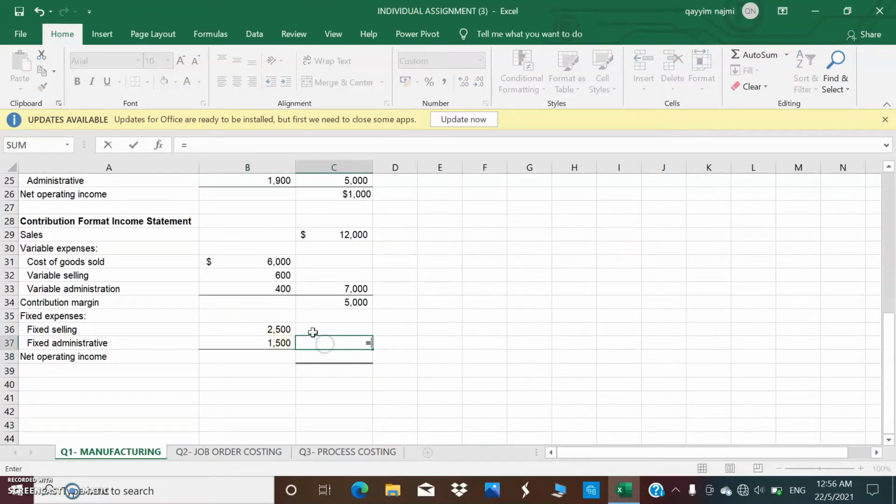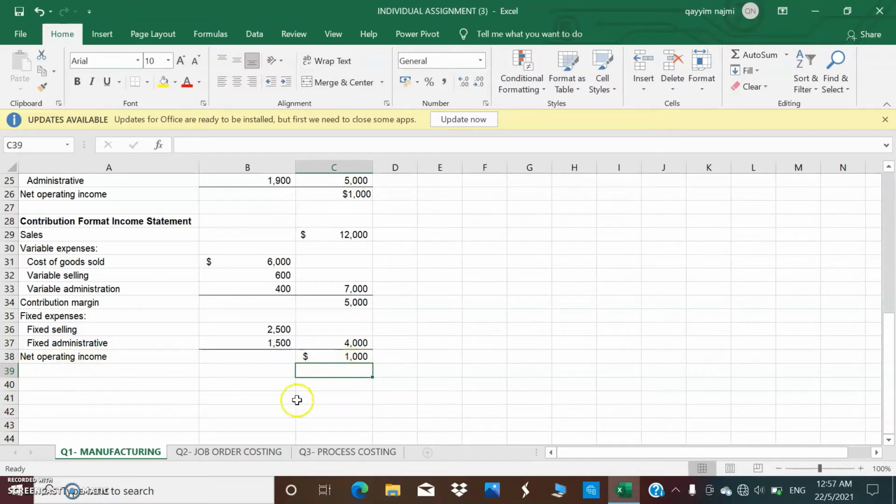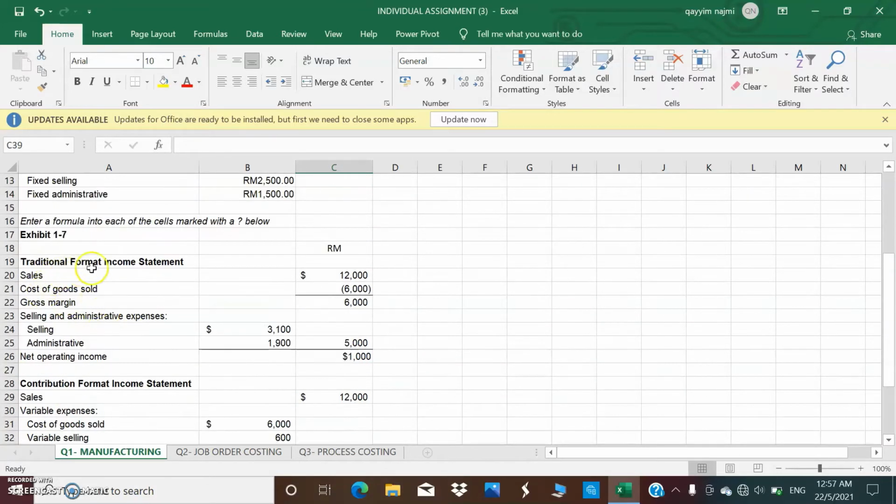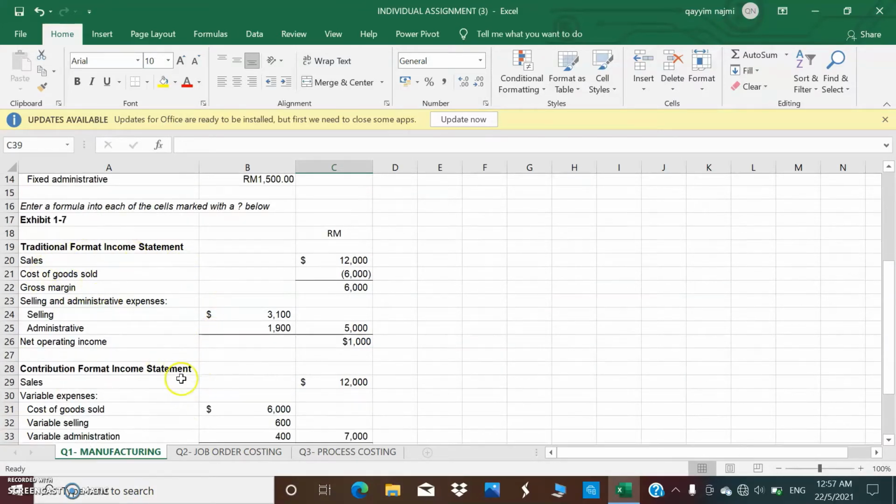We total up the fixed expenses, and the net operating income is the contribution margin minus the fixed expenses, so the net operating income is 1,000, the same as the net operating income by the traditional format income statement.